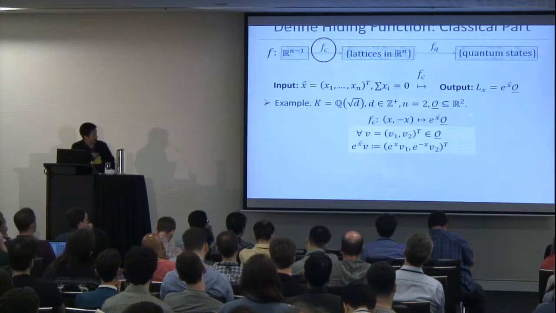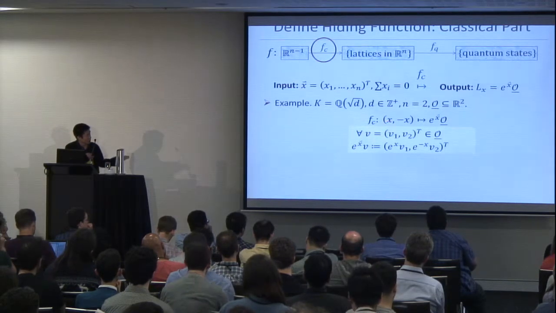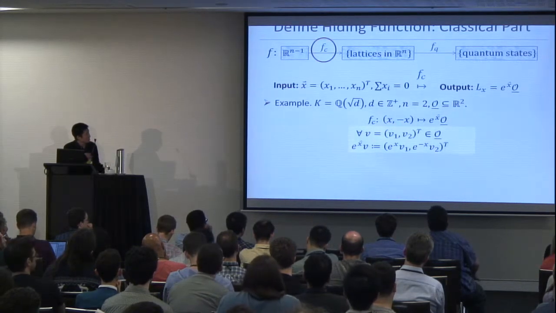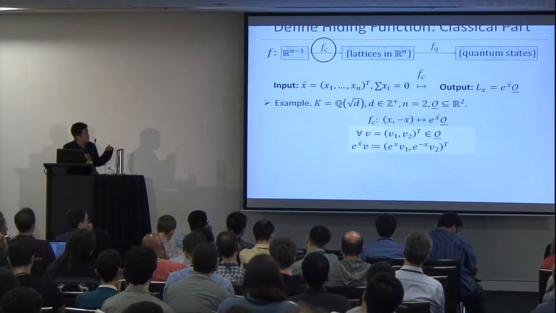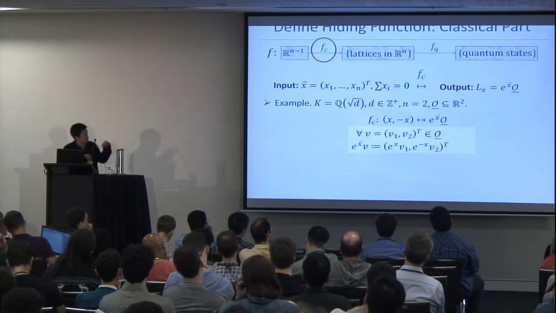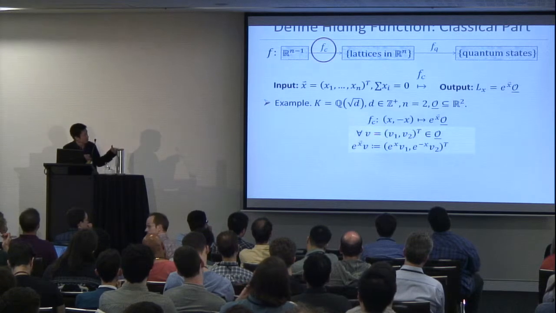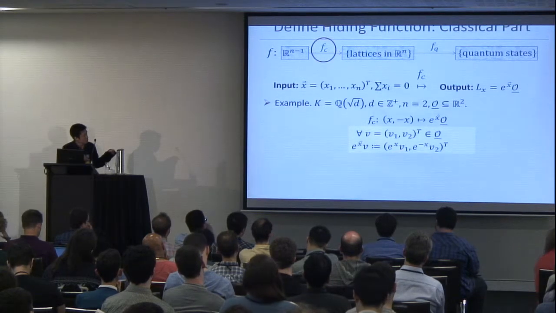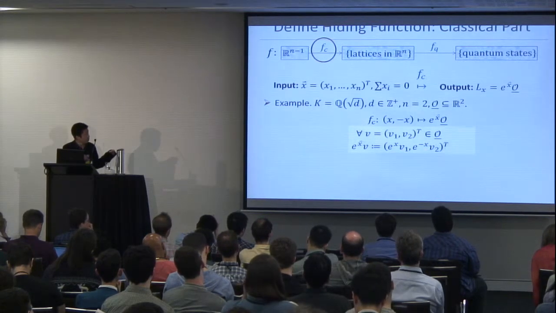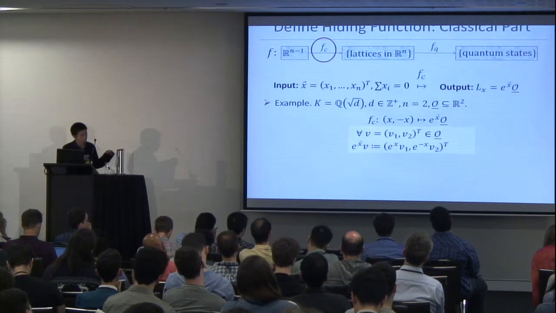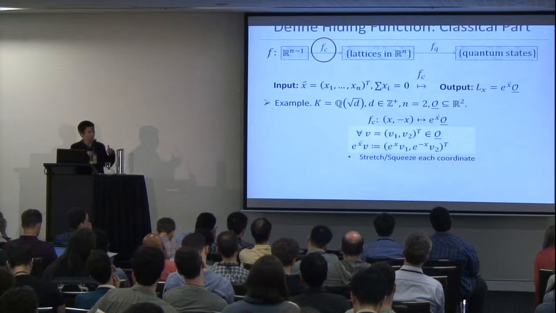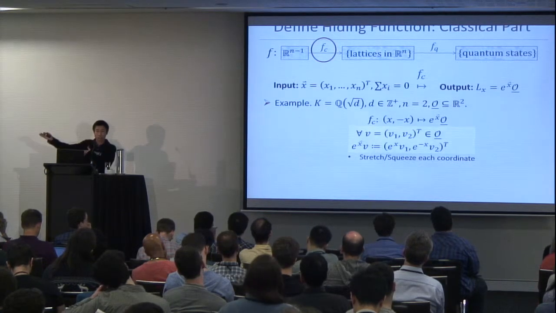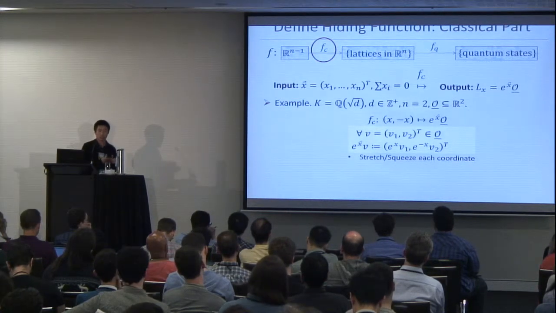Given an input vector which looks like x, minus x, any lattice point v in the original lattice will be shifted to a new point under f sub c. Specifically, the new point will be the coordinate-wise multiplication between e to the x and v. In this case, we can see it's basically stretching along one direction and squeezing along the other.